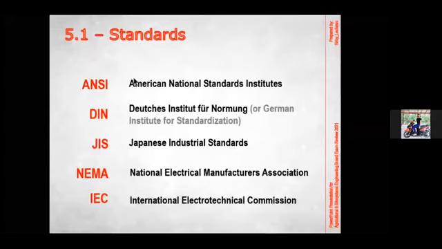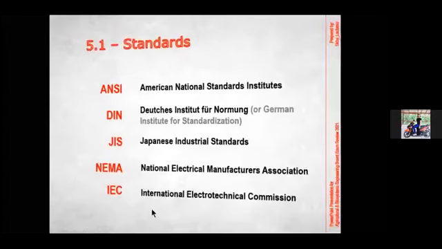Okay, so first we have the ANSI, which stands for the American National Standards Institute, and then the next one is the DIN, which, if we translate it to English, is the German Institute for Standardization. For the JIS, that's Japanese Industrial Standards, and this one, the NEMA, that's National Electrical Manufacturers Association. For the IEC, that's International Electrotechnical Commission.